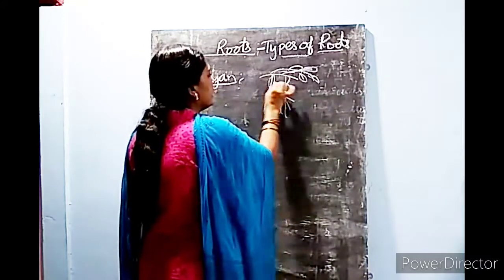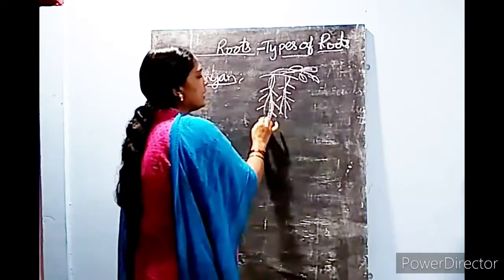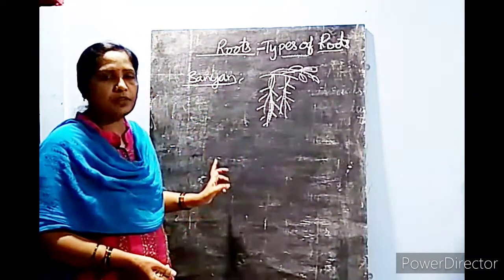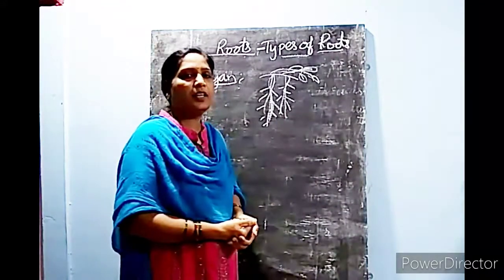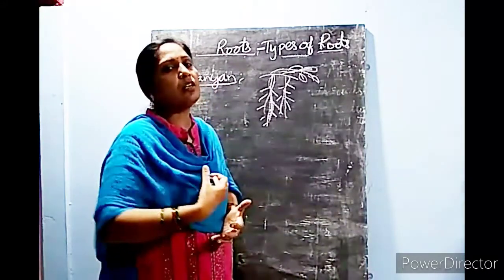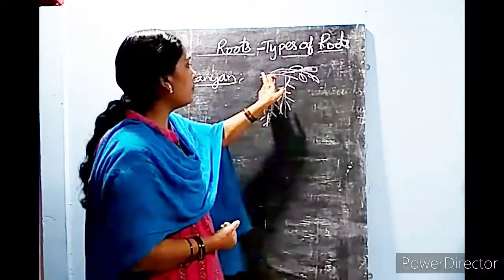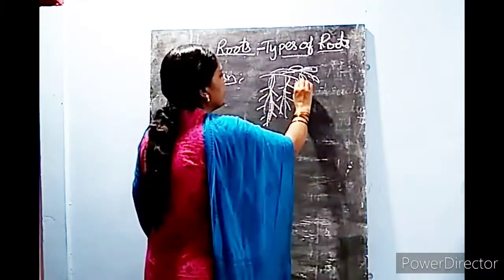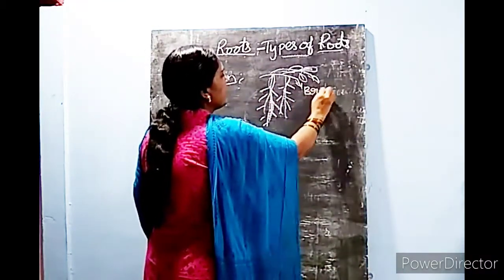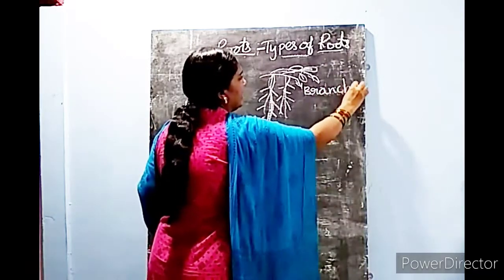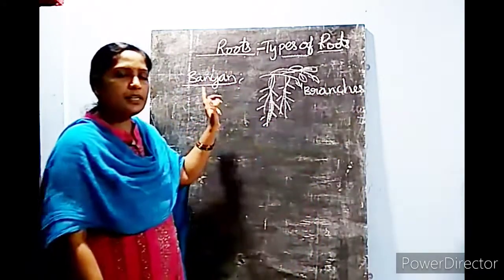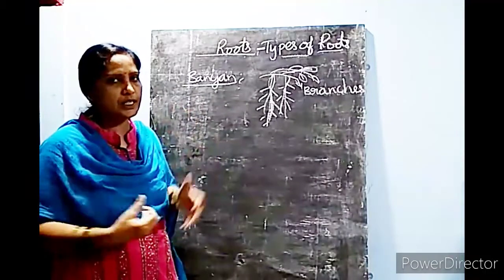What is the reason? Are they doing the same function as the roots of other plants? They are doing an extra function here. They are giving support to the branches because the banyan tree is a big, huge tree.